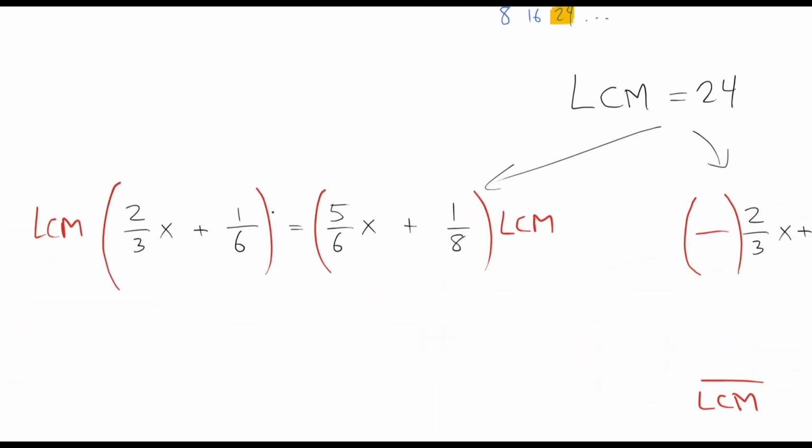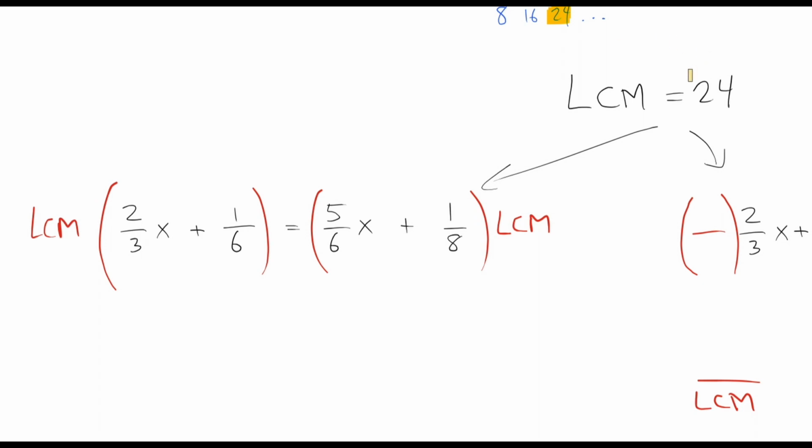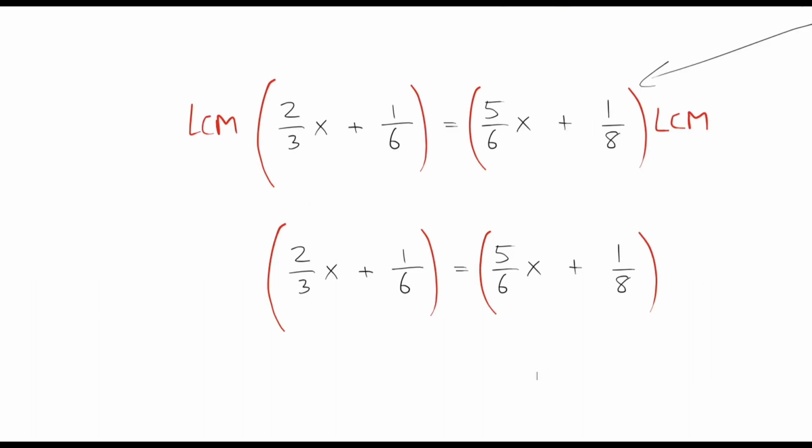Okay, so with the left side here, we would want to multiply by that LCM of 24. So just put a 24 on both the left and right. With this approach, we have to distribute the 24 to all terms.